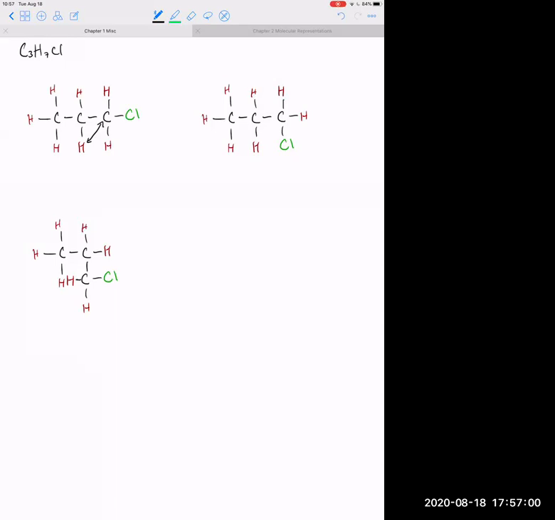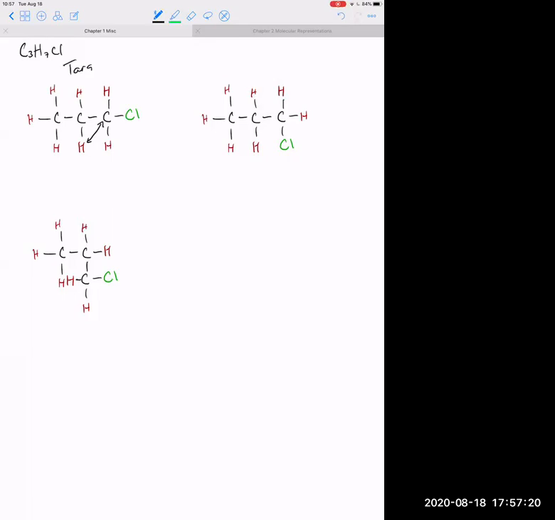But it doesn't change the connectivity of atoms, right? I still have that terminal chlorine on that terminal carbon, and still have 1, 2, 3 carbons in a row here. It's just drawn differently, and honestly a little bit weird. You can see why we wouldn't draw it like that, because it gets things really crowded. So these would be 2.